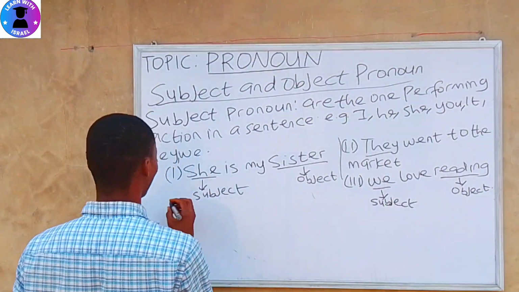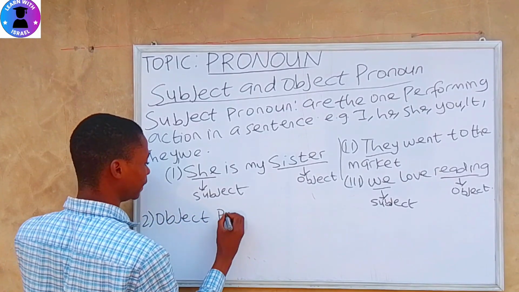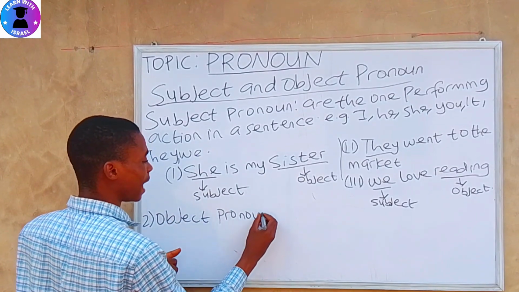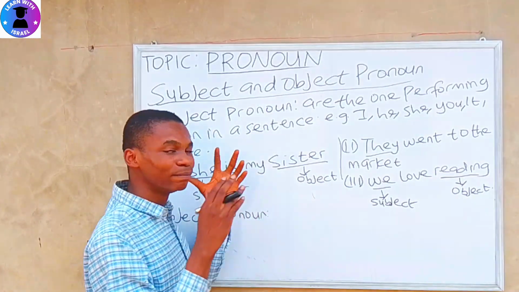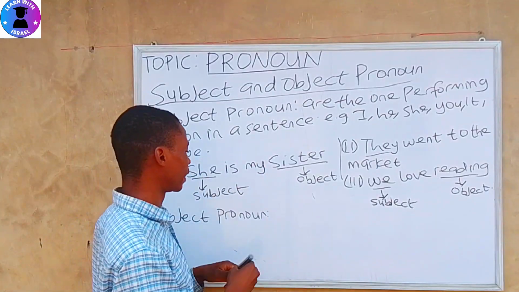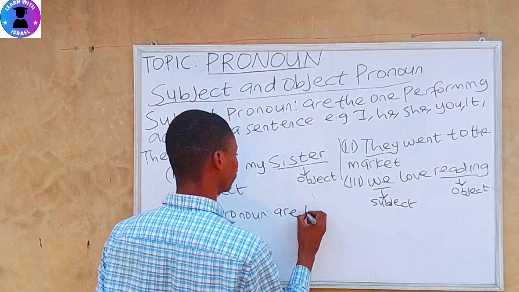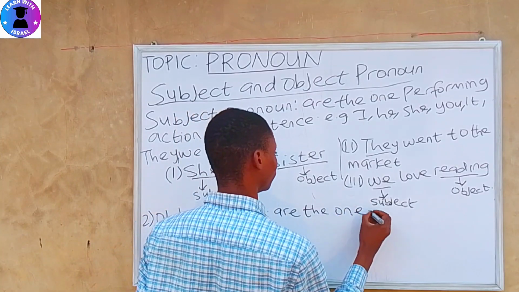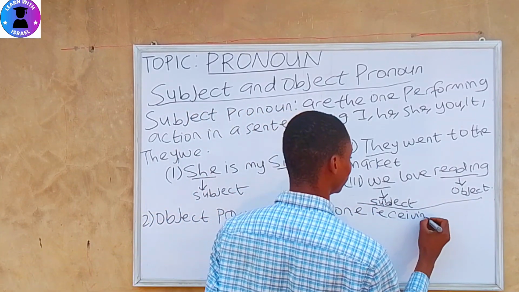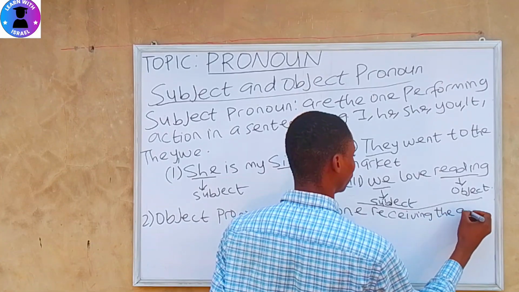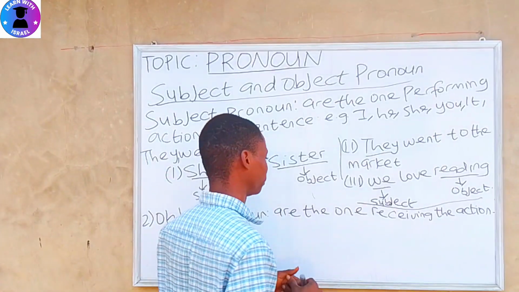Let's move to the second part, which is the object pronoun. I am doing this segment so you can understand and so you don't misuse subject and object pronouns. Object pronouns are the ones receiving the action performed by the subject.